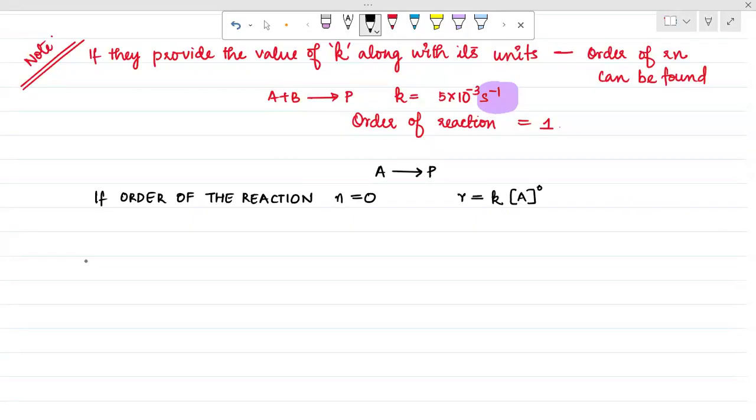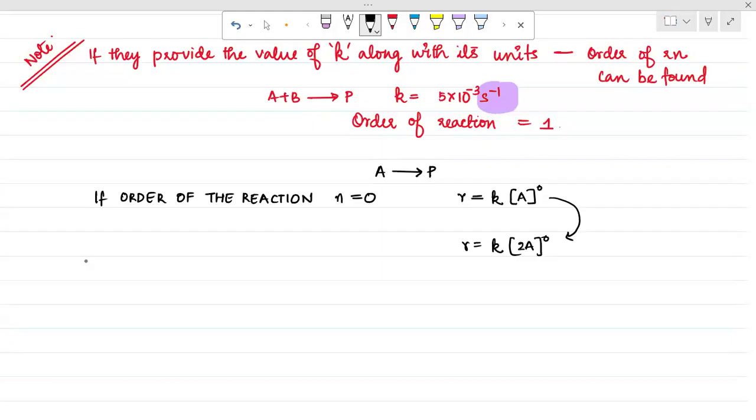Now listen carefully. Let's say that I increase the concentration of the reactant to 2A. Now what will be my expression? R is equal to rate constant into 2A to the power 0.